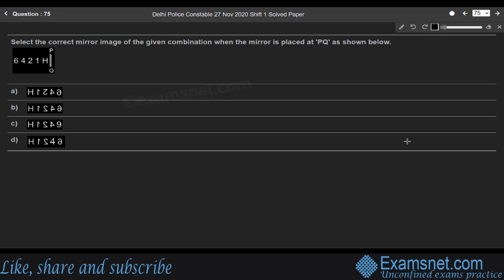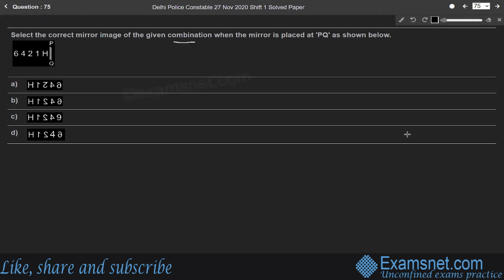Question 75. Select the correct mirror image of the given combination when the mirror is placed at PQ as shown below. Here we have 6, 4, 2, 1, H. When the mirror is placed at PQ like this, the image of H will be H, right?